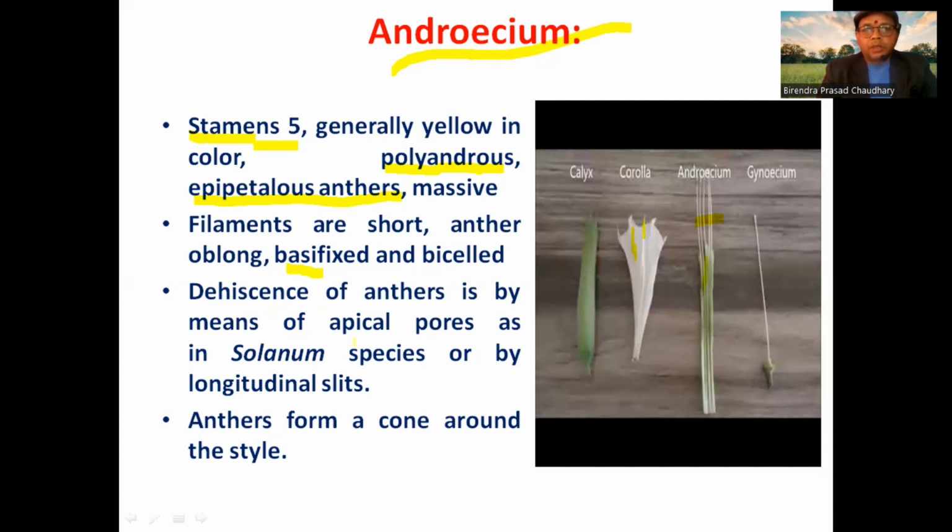In Solanum species, it is by longitudinal slit. Sometimes the anther opens longitudinally by forming a slit too. Anthers form a cone around the style. So these are some of the general features of the androecium of the plants of this family.